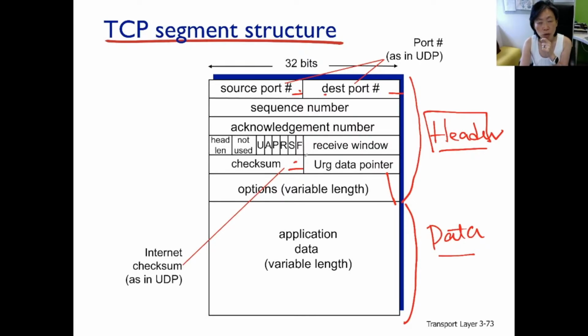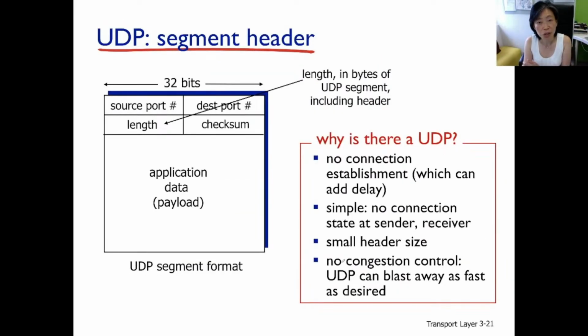But what else is in the UDP packet header that we don't have, or do have, in TCP's packet header? And here's UDP's packet format. So we do see source port number, destination port number, checksum. And what else is in UDP's packet header? The length. So that is the entire packet size, including the header as well as the bytes in the segment, so data and header together, in this field, the length.